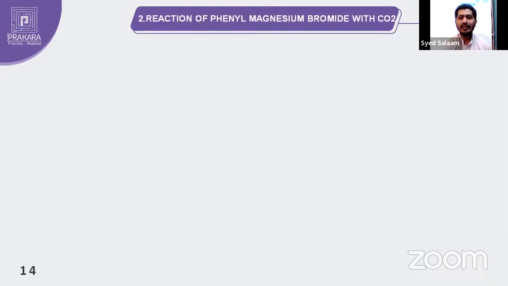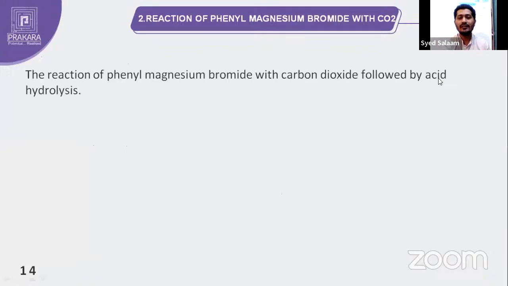acid. Coming to the next method of preparation of benzoic acid: from the reaction of phenyl magnesium bromide with carbon dioxide. What is this phenyl magnesium bromide? It is an aromatic Grignard reagent, an alkyl magnesium halide.